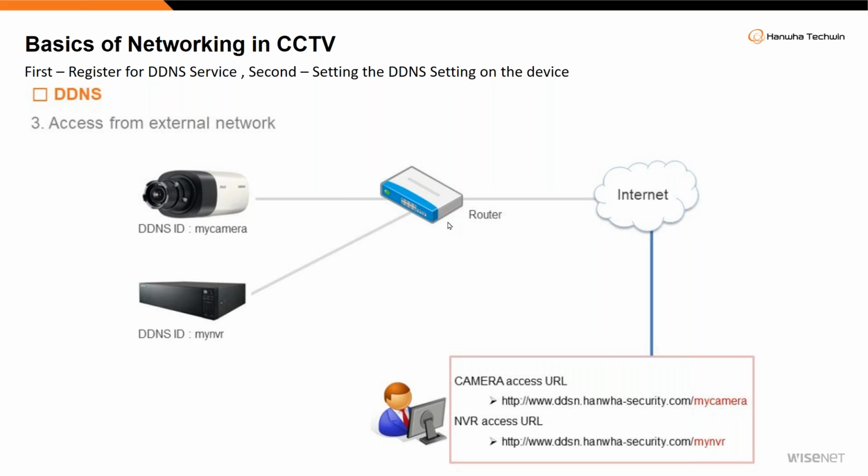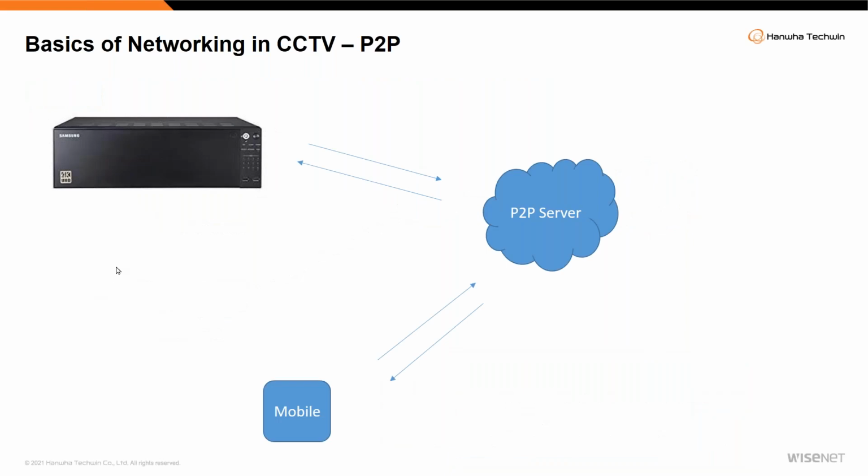So today what they do is install a P2P service application in the recorder. You will just scan a QR code, automatically all the configuration is done, and it will connect through a cloud P2P service and send the video to you.